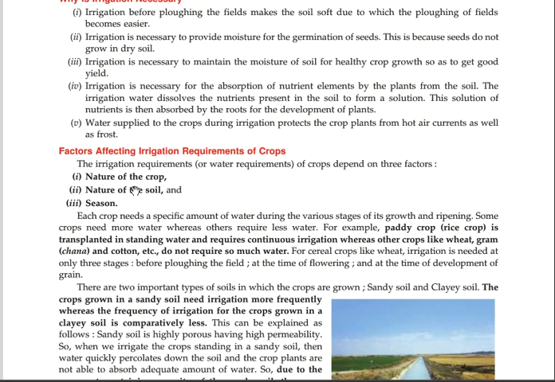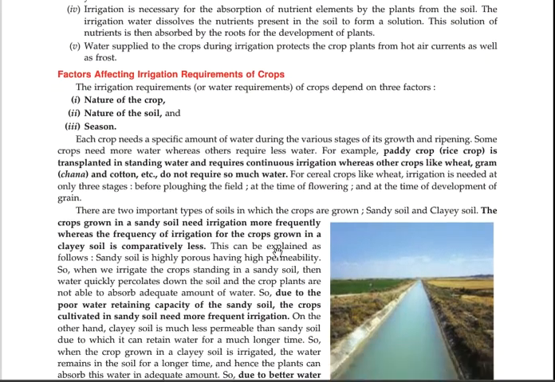For example, if we study the nature of the crop, if we grow a paddy crop like rice, a lot of water is required in the field to grow the paddy crop plants, whereas other crops like gram, wheat, and cotton do not require so much water. So nature of the crop is also an important factor.